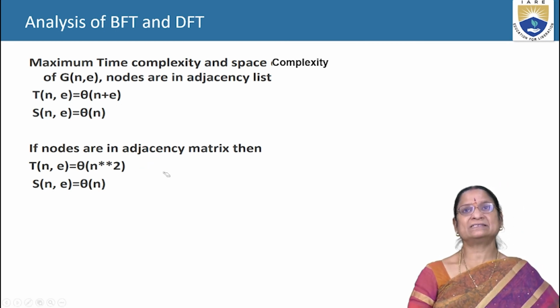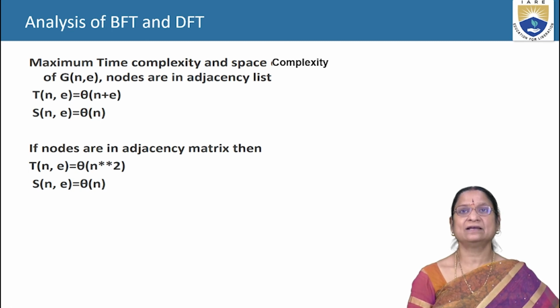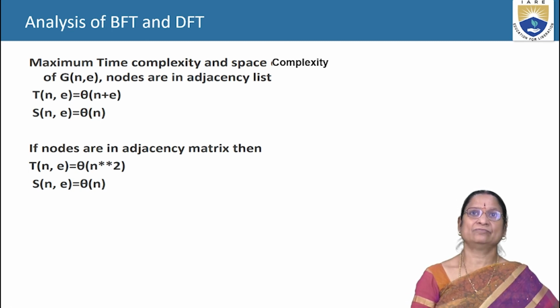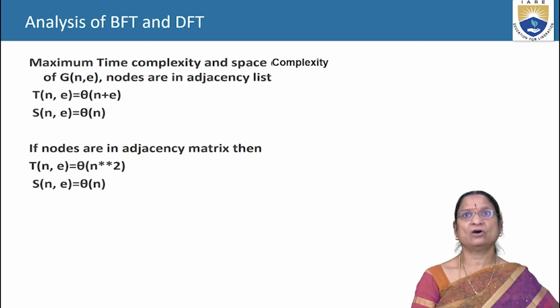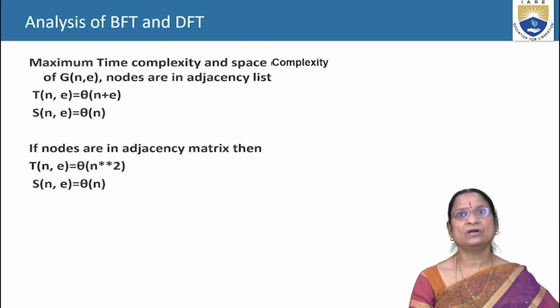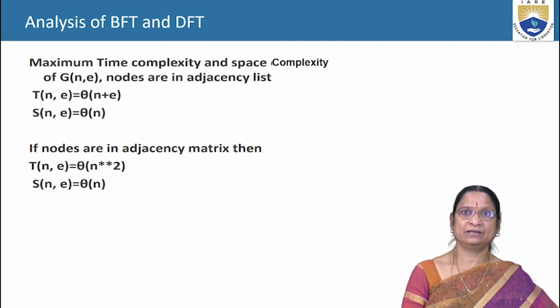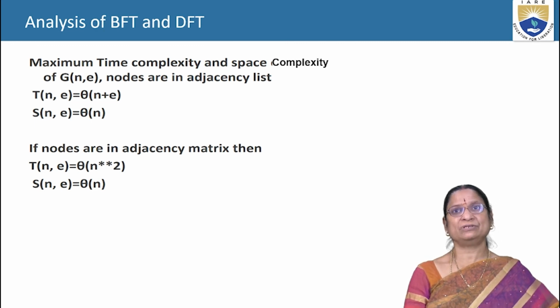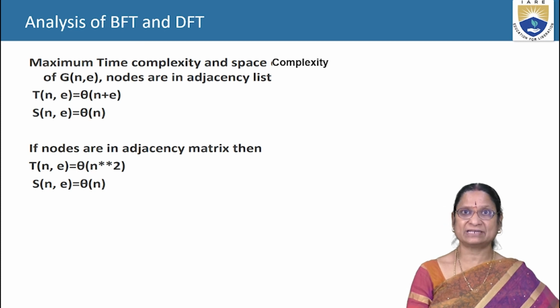So if you observe here, depending upon the way we are representing our graph internally, if the graph is represented by using an adjacency list, the maximum time taken by the graph traversal technique, either BFT or DFT, is order of n plus e. Whereas if it is in matrix form, a row and column inner loop nesting must be used, so that's why order of n square.